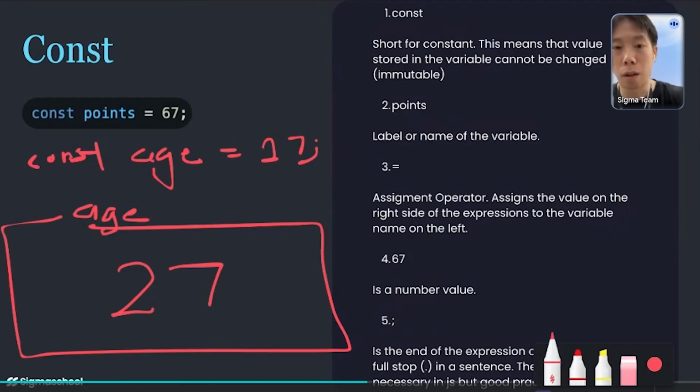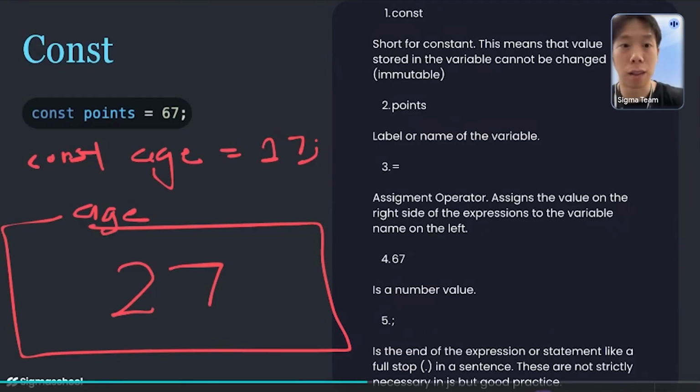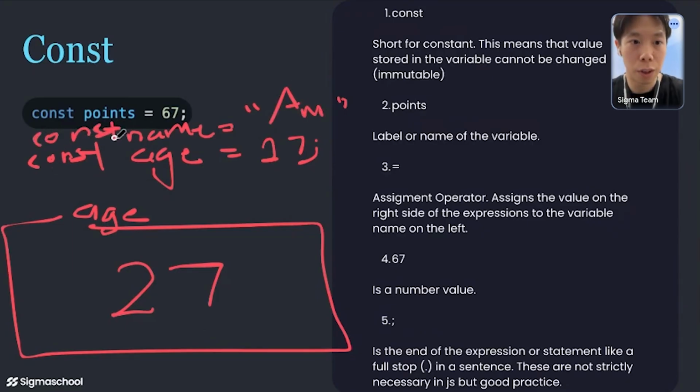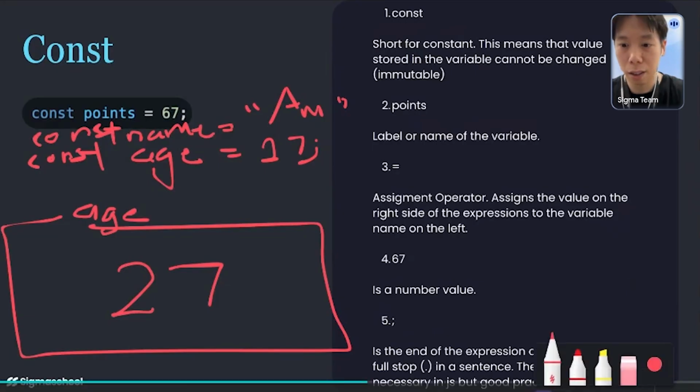That is basically a variable. This is how you can visualize it. Or even if you say name equals, you put these quotes and then say AM, what you're doing is basically here.